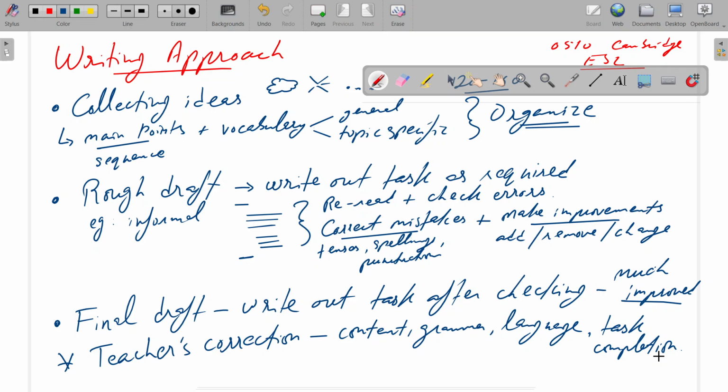And when you get to the exam, you're still going to do the collecting ideas, but you'll give it maybe like 2 to 3 minutes. And what else you're going to do is the final draft. It won't be exactly final, because what you write, you will still go back and check it, and you will try to make minor corrections.